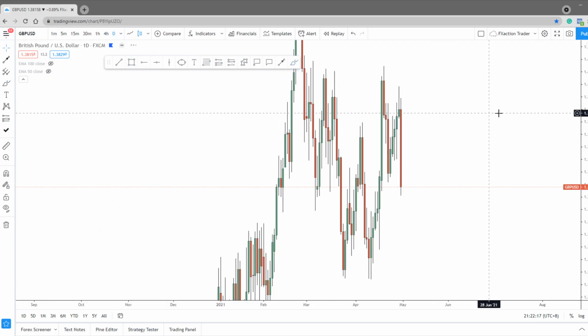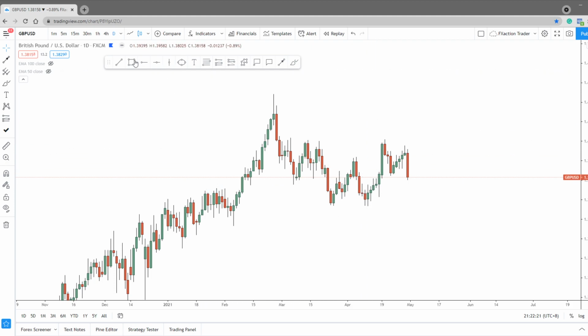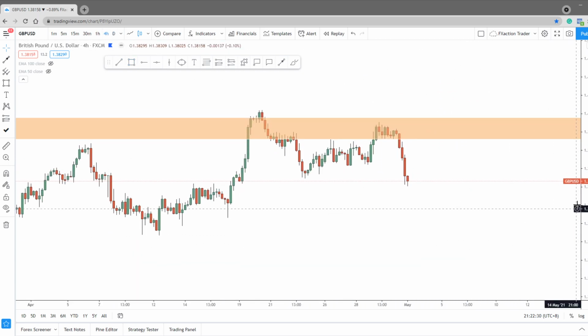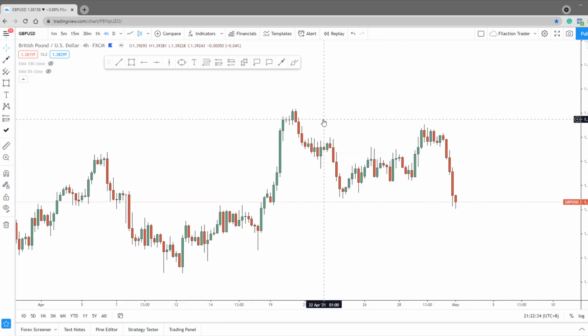So on GBPUSD on the daily chart, we could see that the market is again respecting this resistance zone on the daily chart at about 1.393, or we can go into H4, and we can see that the market is doing a sideways, followed by a downtrend formation.